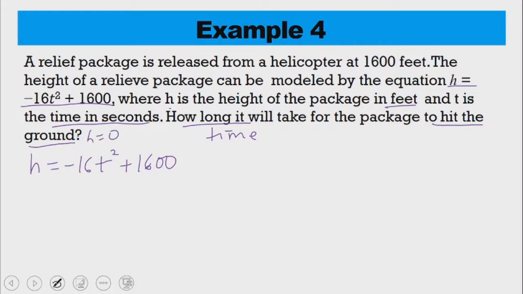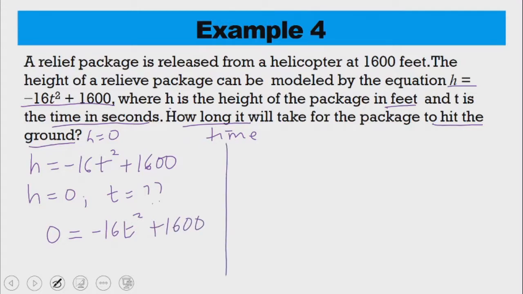So in essence, what we are being asked is, when H equals 0, what will be the time? Since we know our H, we can substitute that back into the equation. So H is 0, so we put 0 = -16t^2 + 1600.